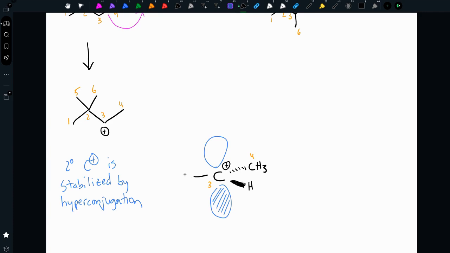Over here, I had carbon 2, which is bonded to carbons 1, 5, and 6. It's tetrahedral, so one of those should be coming out of the page, one of them should be going into the page, one of them should be in the plane of the page. So I'm going to draw it like this.